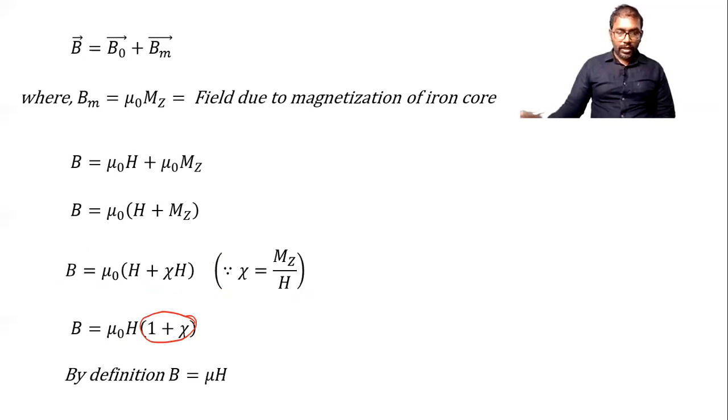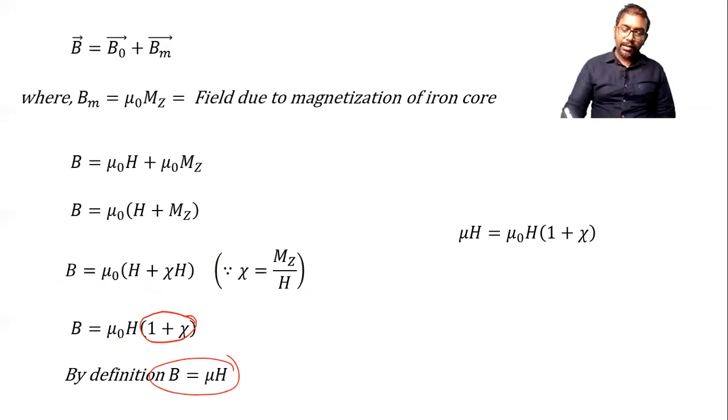So B is written here as mu H, and then mu 0 H as it is, with 1 plus susceptibility as it is. Now 1 plus susceptibility we can write as relative permeability. Let me write it in the next step.